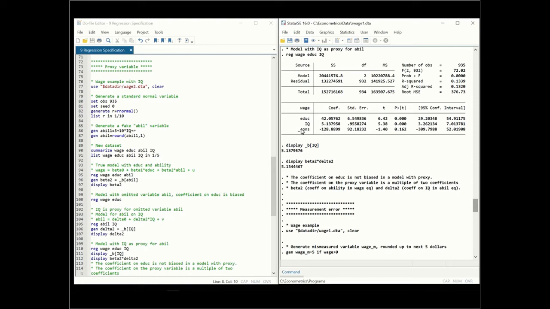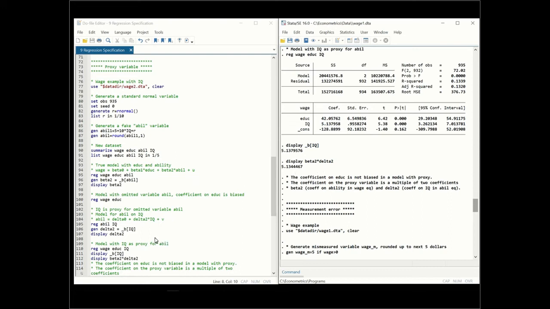Another thing to notice is the coefficient on IQ. If we're displaying this coefficient on IQ, that's that coefficient. But we can also calculate it by multiplying beta 2, which is the coefficient on ability in the true model, times delta 2.